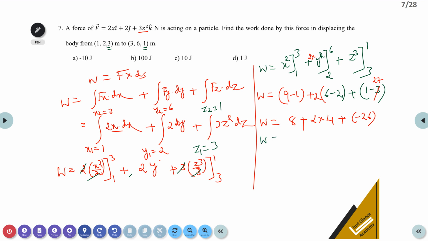Then W equal to 8 plus 8 minus 26. W equal to 16 minus 26 equal to minus 10 joules. So this is the right choice. Here I made one mistake: integration of dy equal to y.